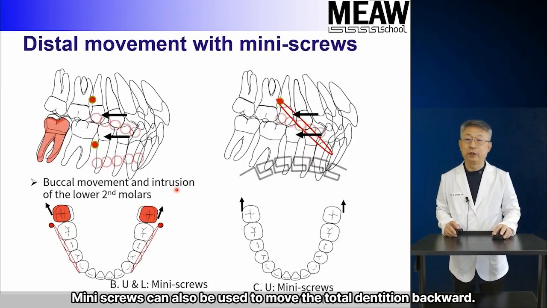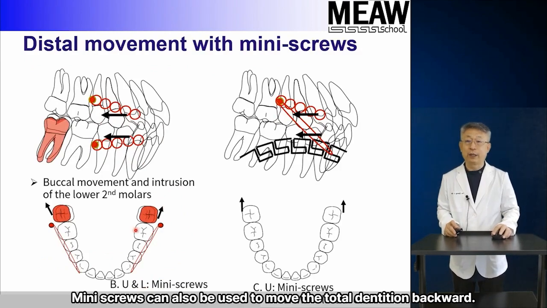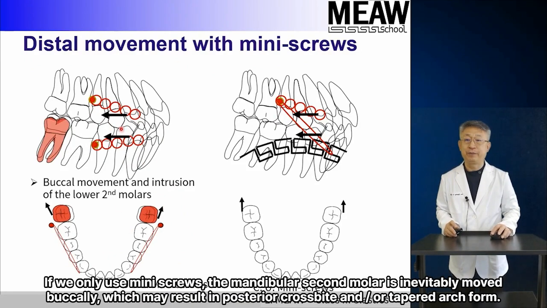Mini screws can also be used to move the total dentition backward. If we only use mini screws, the mandibular second molar is inevitably moved buccally, which may result in posterior crossbite and/or tapered arch form.